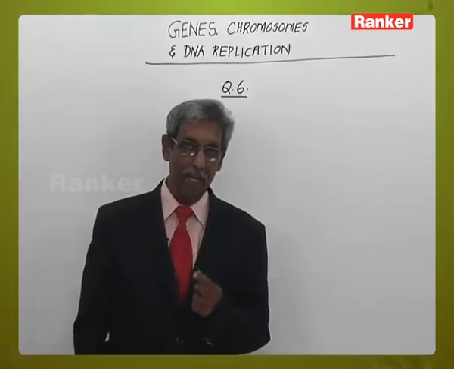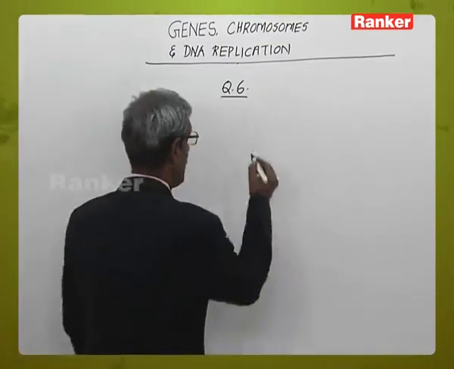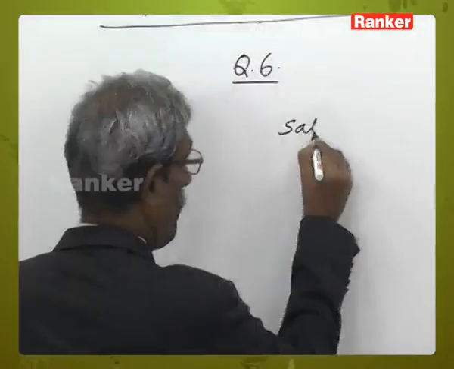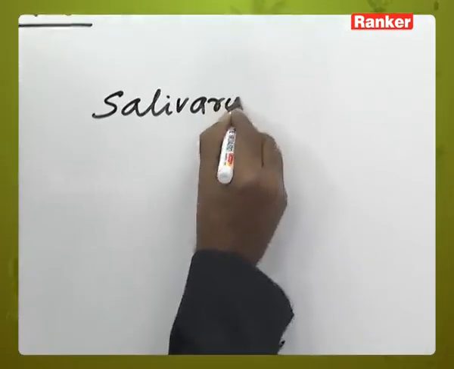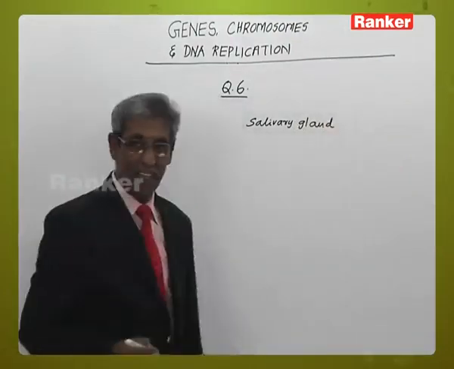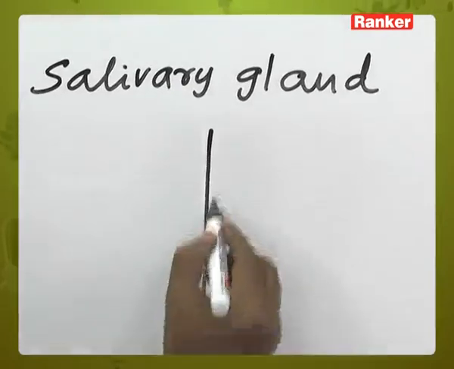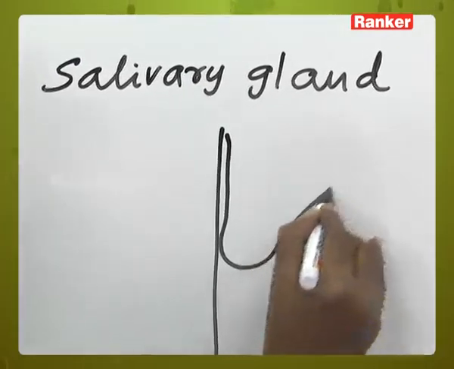In dipteran larvae we have salivary gland chromosomes. The salivary gland chromosomes have a region wherein they can puff.